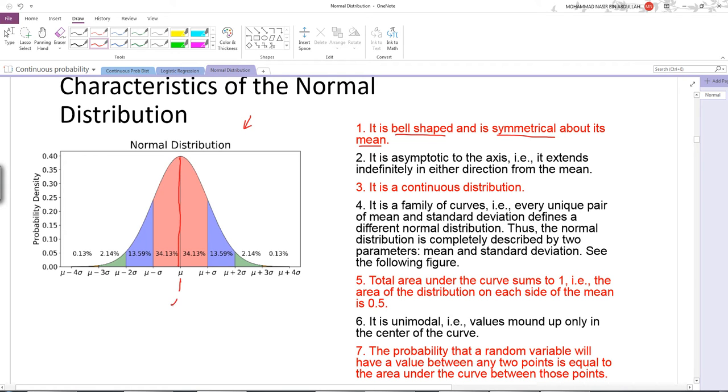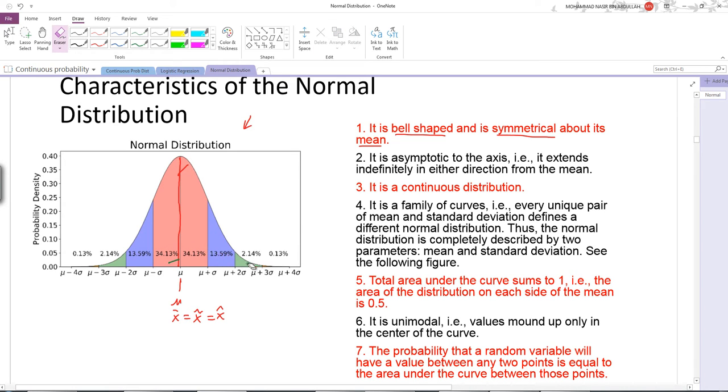Mean is equal to median and mode, right? Symmetrical means that the whole area on the right hand side is equal to the area on the left hand side. This is a characteristic of the normal distribution.